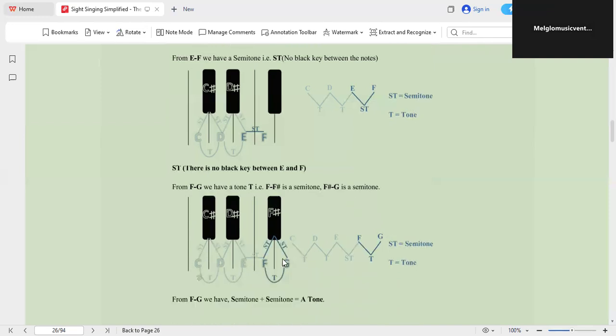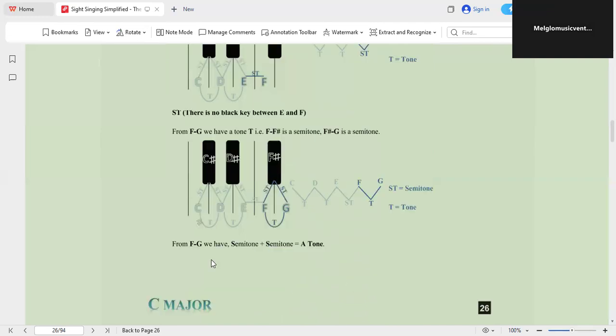From F to G. From F to F sharp is a semitone. From F sharp to G is a semitone. So from F to G is semitone plus semitone equals a tone. So we already have that.